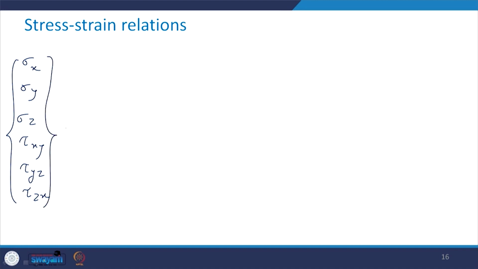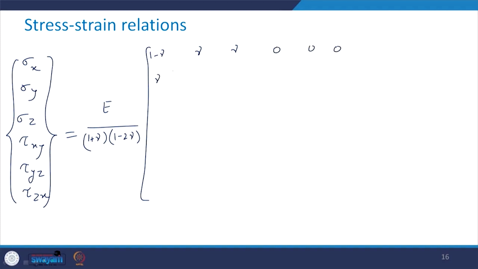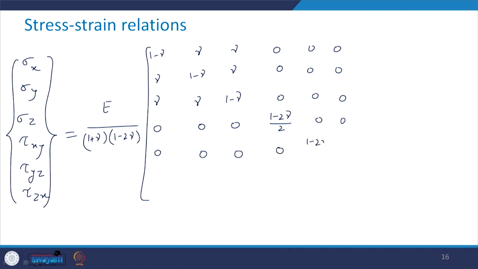That is the stress vector, and this is going to be equal to E upon 1 plus nu into 1 minus 2 nu, and then we will have the matrix, which is 1 minus nu, nu, nu, 0, 0, 0; nu, 1 minus nu, nu, 0, 0, 0; nu, nu, 1 minus nu, 0, 0, 0; then 0, 0, 0, 1 minus 2 nu upon 2, 0, 0; and the last row has 1 minus 2 nu upon 2.